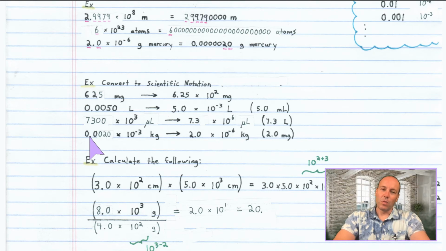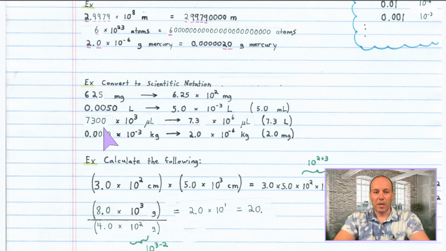So when we take the decimal point and we move it right there, which is where it's got to go to give us 2.0, we're moving it to the right this time, 3 positions. 1, 2, 3. Okay? 1, 2, 3.